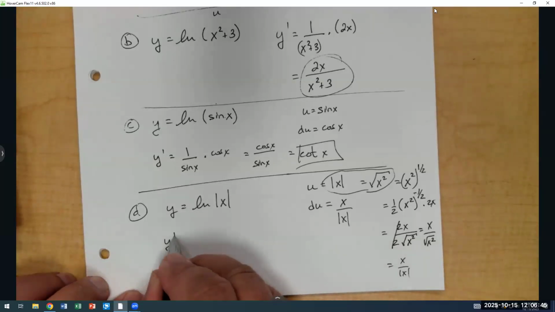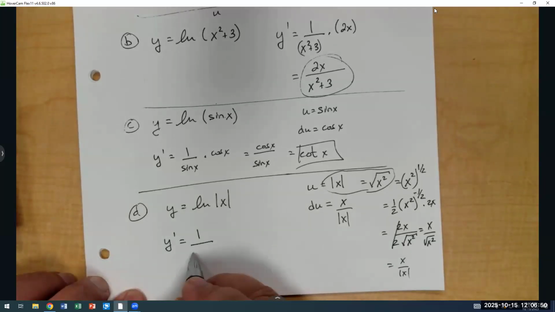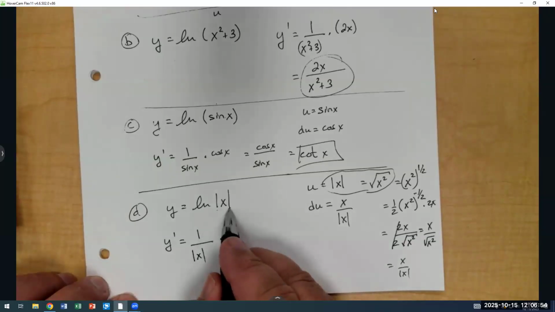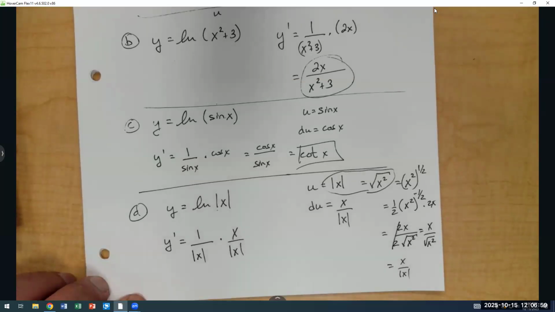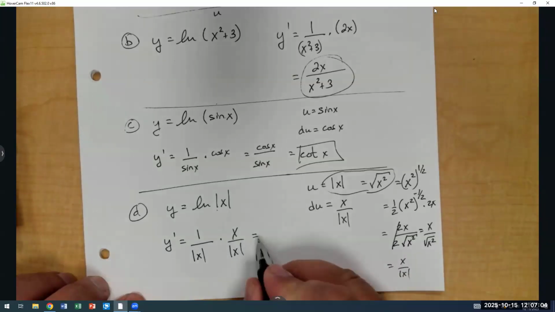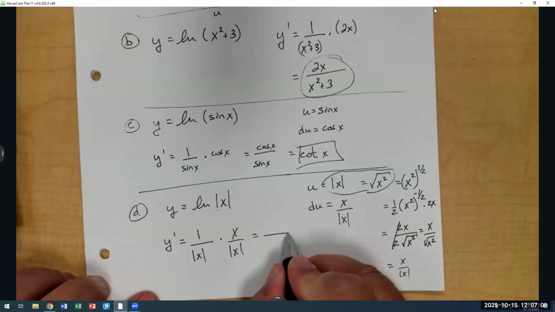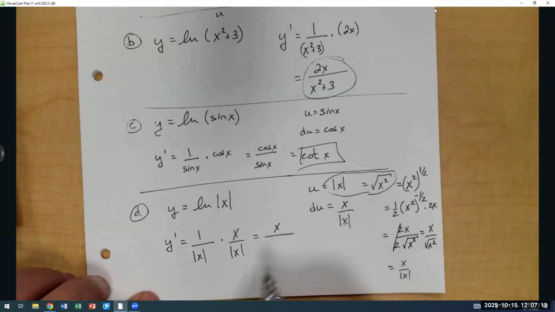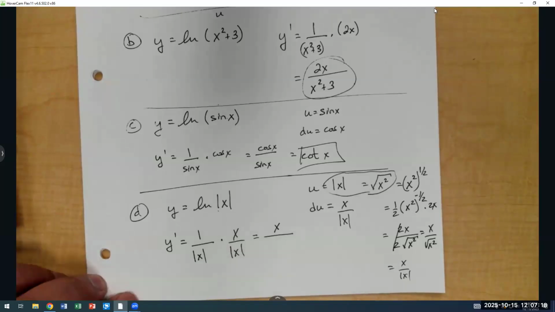So the derivative, since it's ln, it's 1 over u, which is absolute value of x. The derivative of absolute value of x is x over absolute value of x. One times x is x. Absolute value of x times absolute value of x is what?